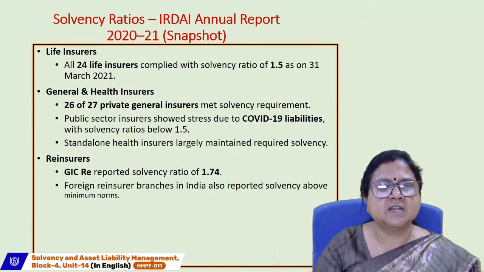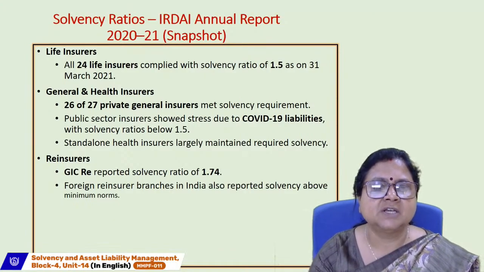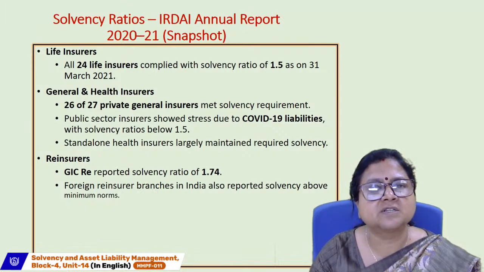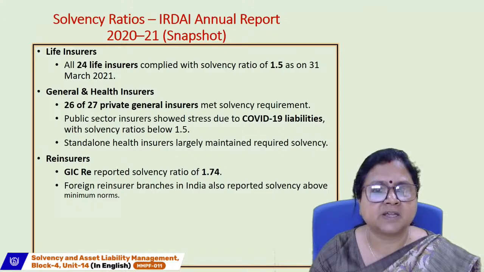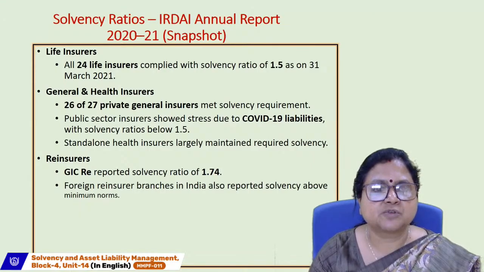Finally, this is just a snapshot of how the reporting of the solvency ratio is done by IRDAI. There is an annual report which is presented, and this is a snapshot of 2020-21.